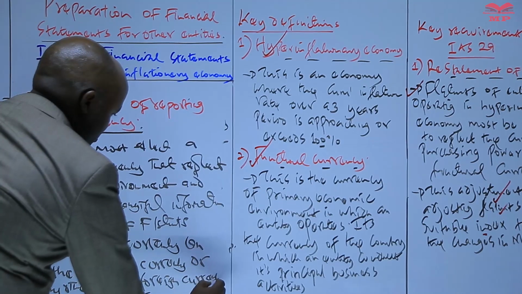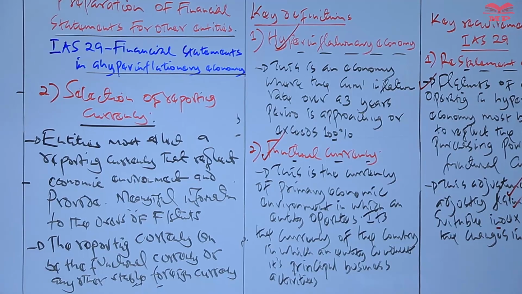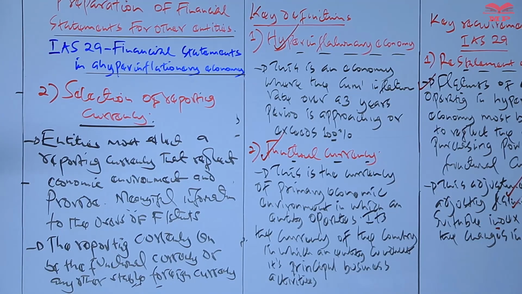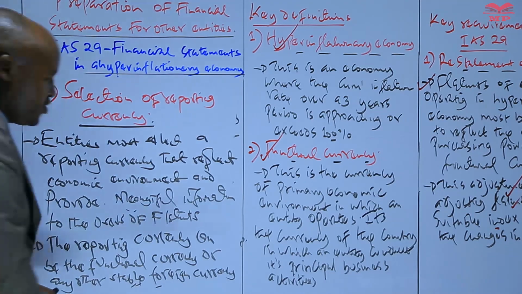When we talk about a stable foreign currency, this is a foreign currency whose value does not keep on fluctuating, maybe due to inflation.